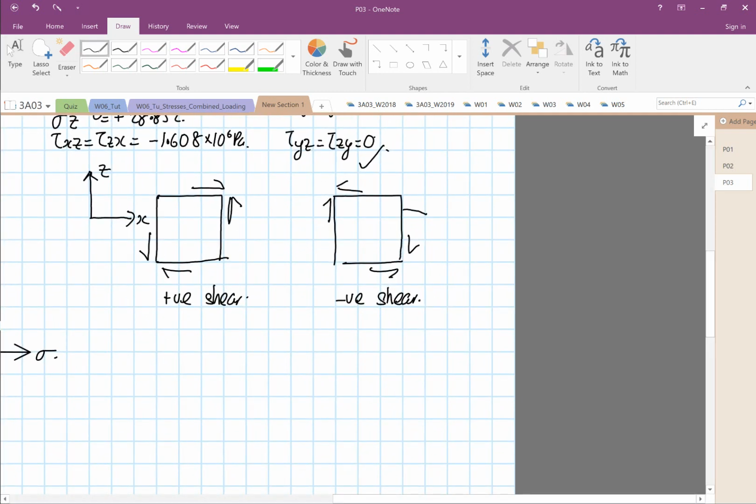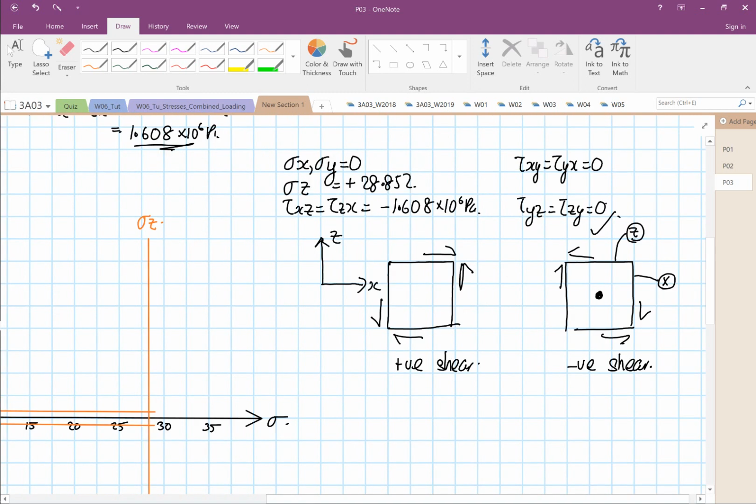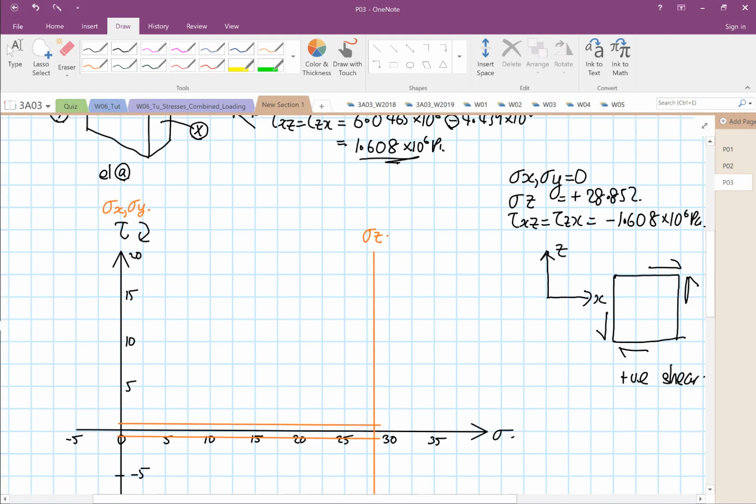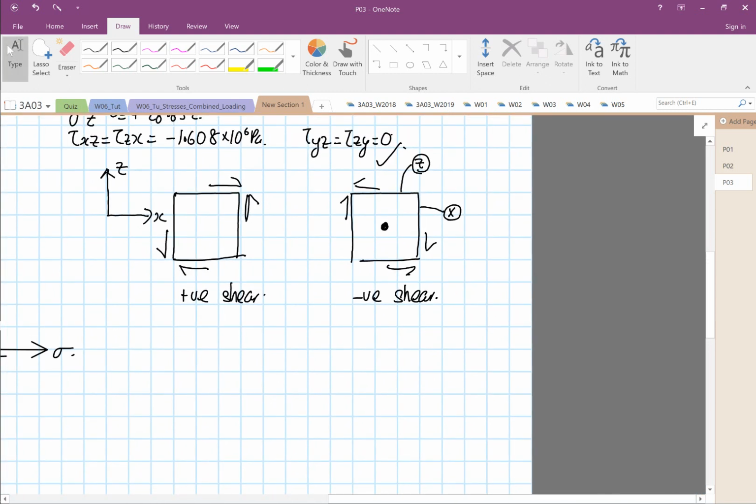We are also aware that this is your point X and this is your point Z. So let's focus on Z first. We know that stress X and stress Y are on the 0 line. Stress X, you look at this arrow over here, the element is going to rotate in a clockwise direction.